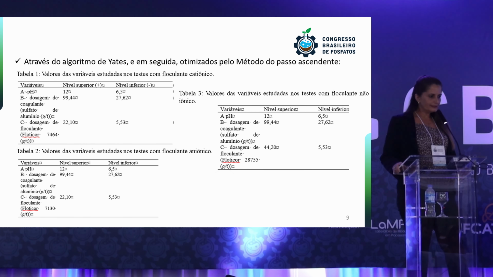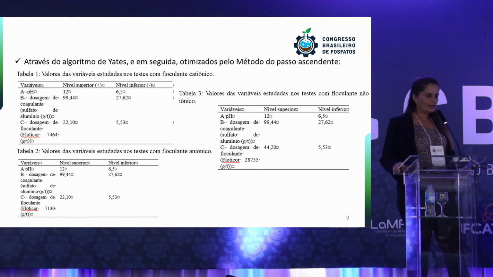For the coagulant, aluminum sulfate, I used 99.44 grams per ton for the superior level, and 27.62 for the lower level. For the cationic flocculant, 22.10 for the upper level and 5.53 grams per ton for the lower.